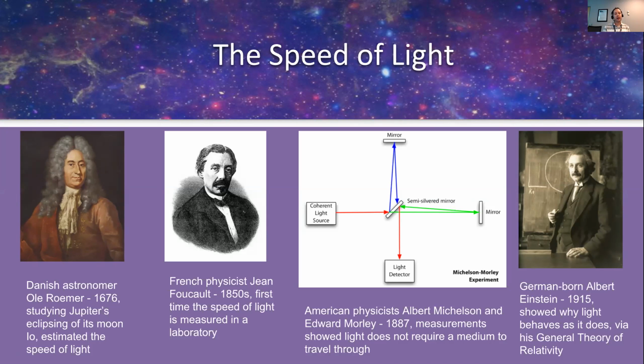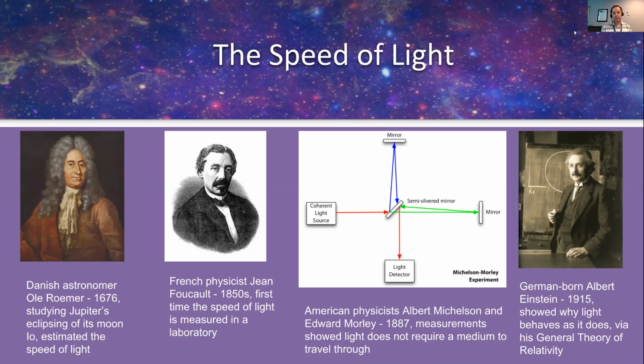The time it takes the light to get to us from the moons as they are crossing Jupiter or going behind Jupiter changes depending on where we are relative to Jupiter, and he associates that to the time that light takes to travel. And then there's the French physicist Léon Foucault in the 1850s. That's the first time the speed of light was measured in a laboratory.